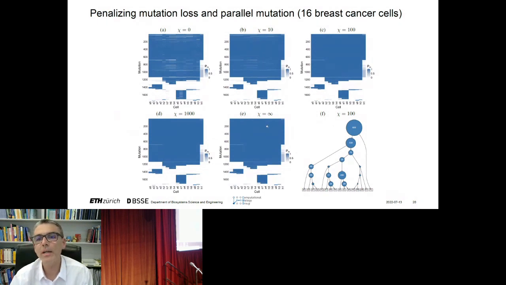And that parameter, in the limit as it goes to infinity, will again enforce the infinite sites assumption, so not allow either loss or parallel mutation. But when it is 0, it allows it in full generality. So you want to pick this parameter somewhere in between, such that you are allowing violations, but you do not give the model too much freedom here.